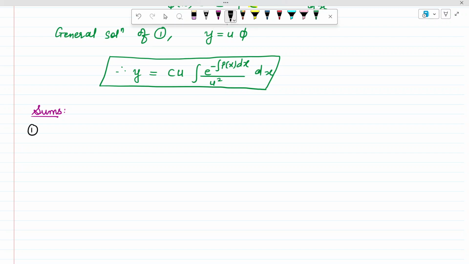These questions are taken from the Coddington book. The question says, a differential equation and a function phi 1 are given.